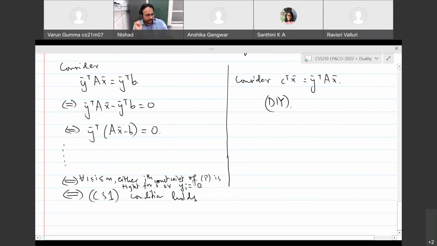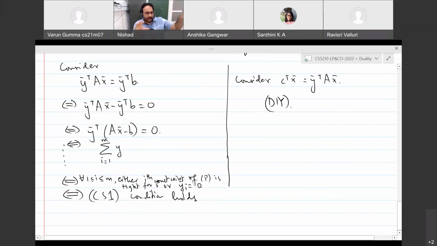Can we write down everything as a summation? Yes, sir. Summation of y bar i into the specific row constraint, and i goes from 1 to m, right?